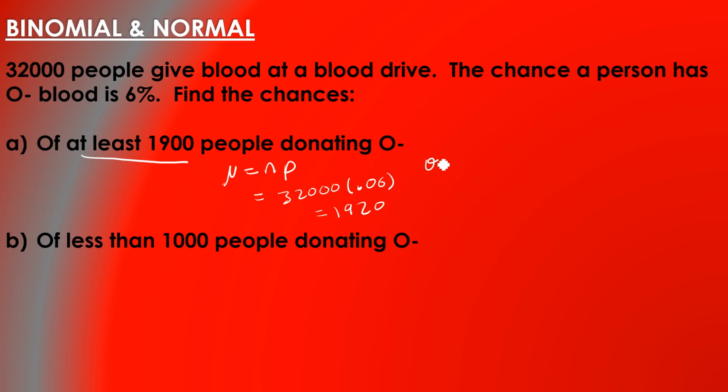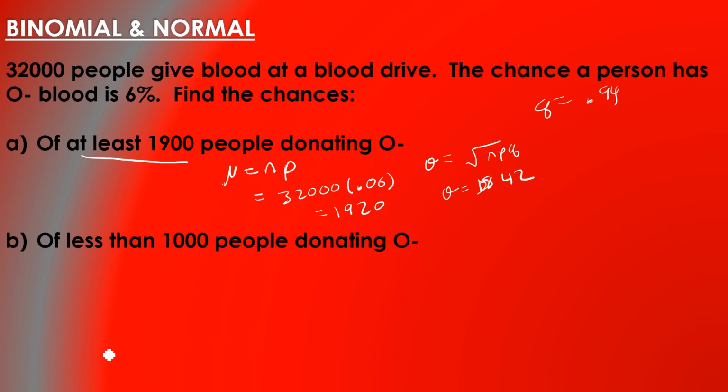Our standard deviation is going to be the square root of NPQ. So I'm going to multiply that previous answer by 0.94 because our Q is 0.94. Then I take the square root, and I get a standard deviation of 42.